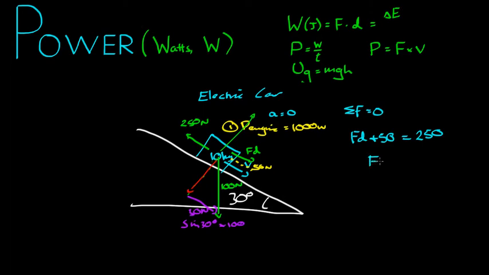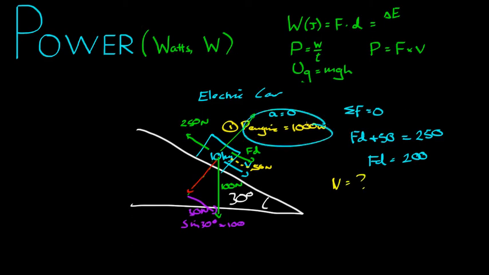So we can solve for the driving force: 200. If the driving force was smaller than 200, the box would slow down because of the friction force acting that way. And if the driving force were larger than 200, we'd see some acceleration down the plane.